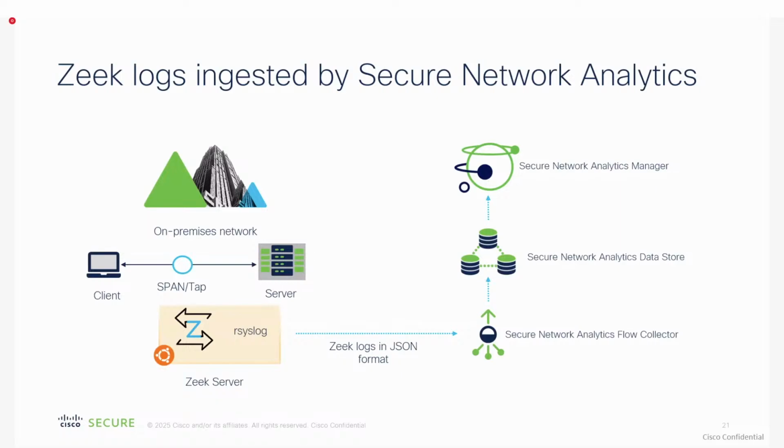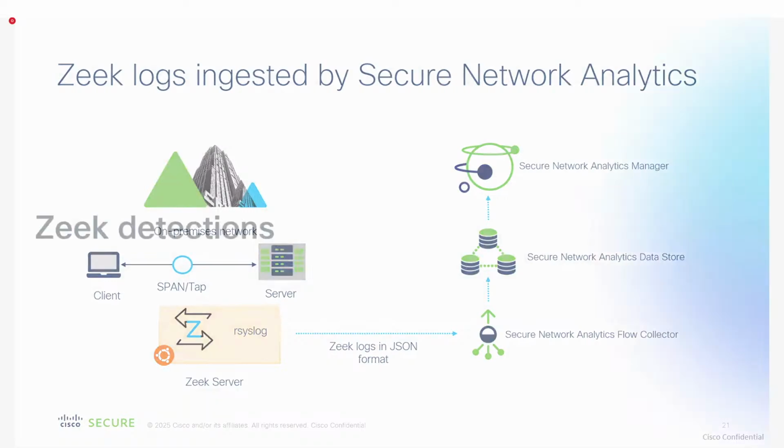Again, this does require the data store architecture in order for this to work. And in version 7.5.3, which is coming out in about a month, we will start to store those Zeek logs as well. Then you would access any of those that have fired through your Secure Network Analytics Manager through the web UI there.